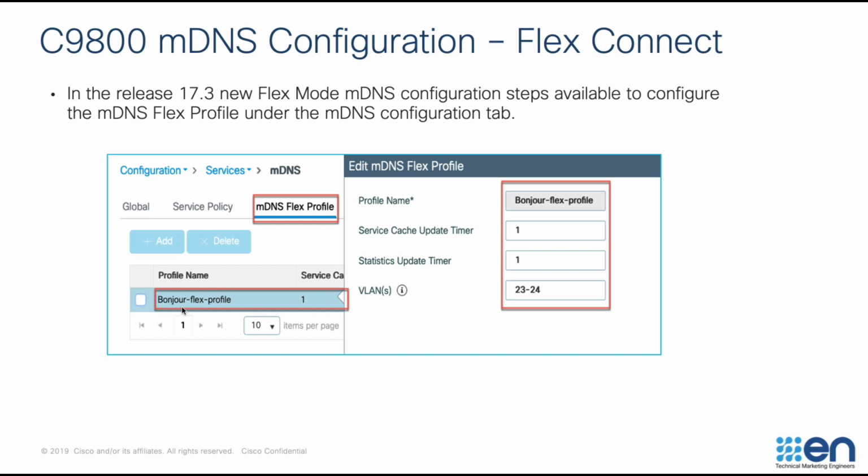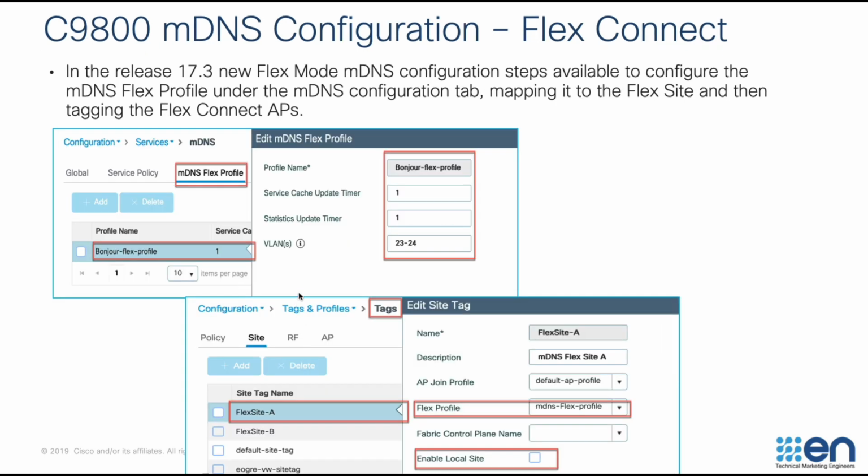In our case, we'll have a Bonjour Flex Profile created where we specify the cache update timer for the Flex Profile, the update timer, and also on which VLANs these profiles will be applied. Remember, again, we configure everything on the Catalyst controller, and then these profiles and services will be pushed to the FlexConnect APs.